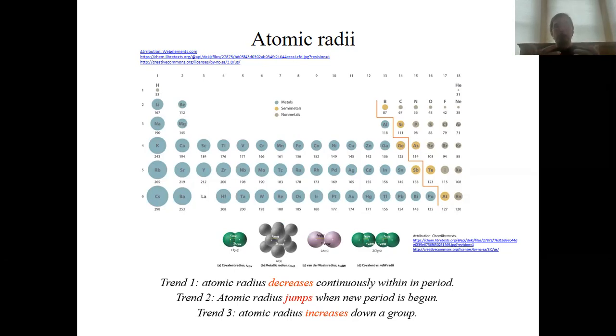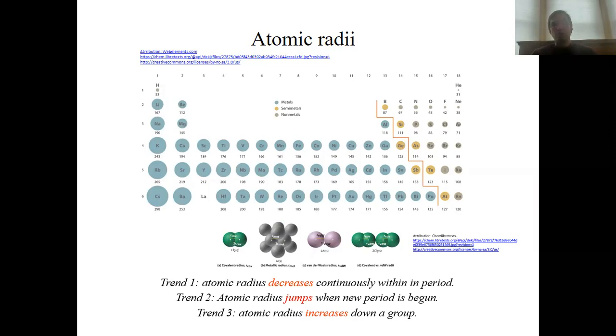Like for instance, in the case of a chlorine molecule, Cl2, we can define the radius as half of the distance between the two chlorine atoms in the chlorine molecule.